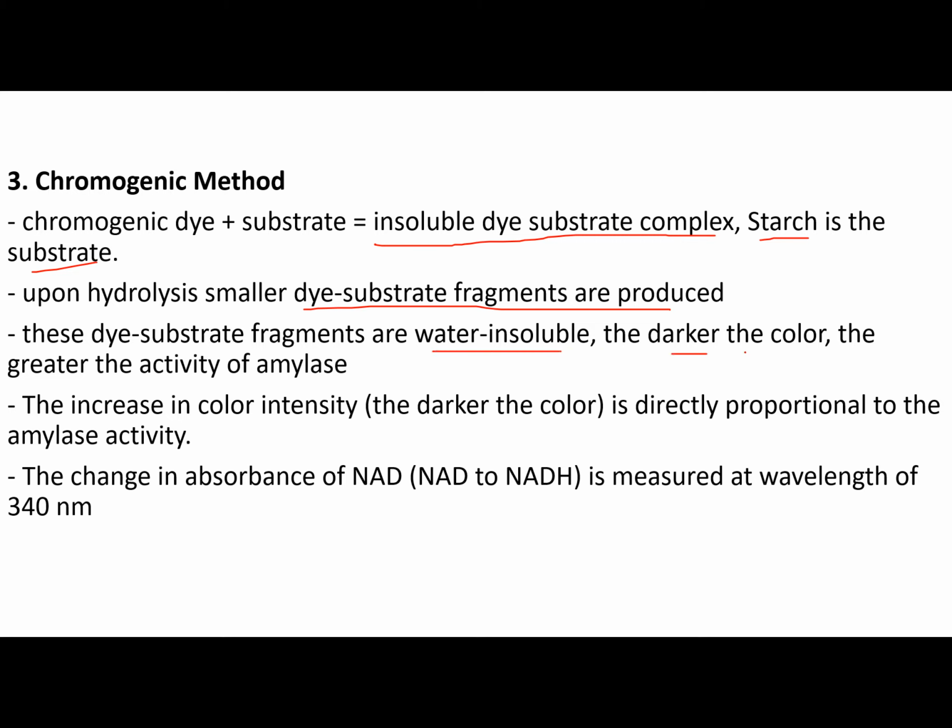So the darker the color, the greater the activity of the amylase. Baliktad naman to, class. Dito, the darker the color, the greater the amylase activity. The increase in color intensity is directly proportional to the amylase activity. Change in absorbance of NAD is measured at a wavelength of 340 nanometers.